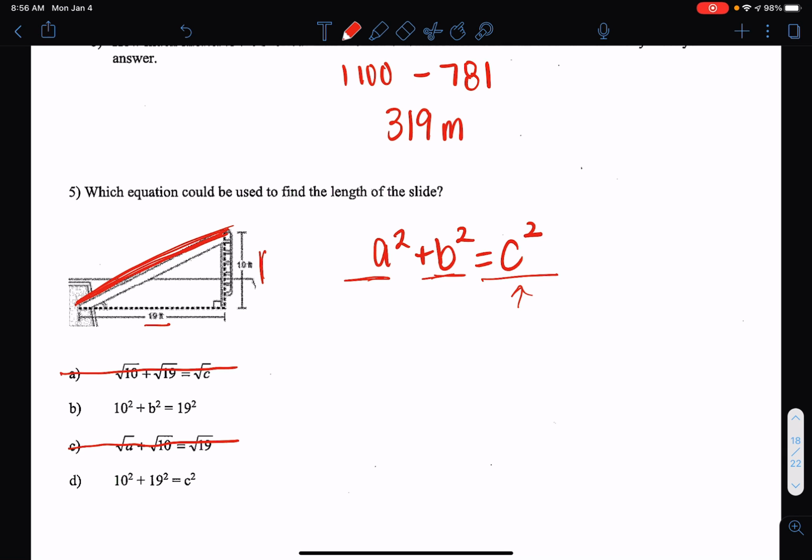Okay, for option b, we still have b as if we were supposed to solve for it, meaning we're solving for a leg, but once again, we have both of those measurements, so that leaves us with d. Okay, 10 squared plus 19 squared is equal to c squared because we're trying to figure out what c is equal to.